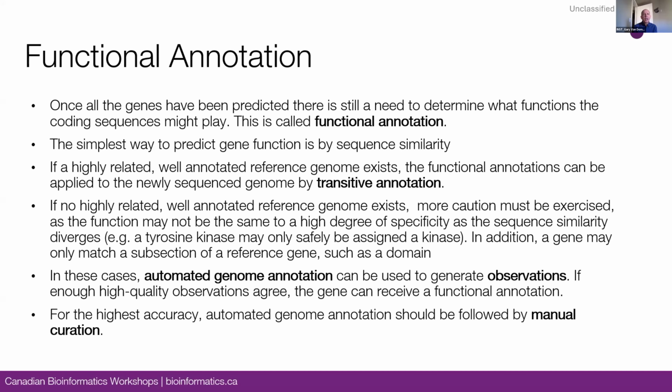And if you can't find a highly related reference sequence that matches, then you can go to some other kind of more voodoo approaches to generate what are called observations. And a couple of observations might help you to ascribe a general overall function to a protein coding sequence, but maybe not.